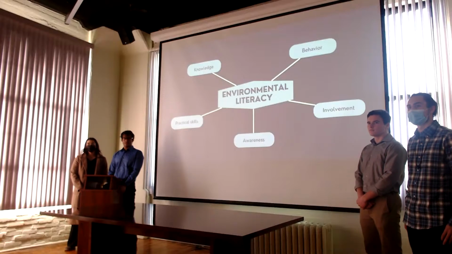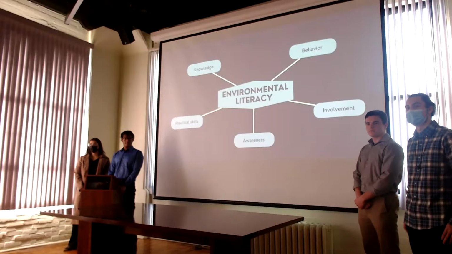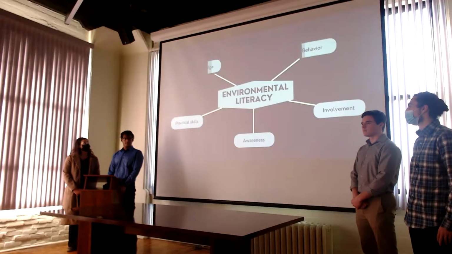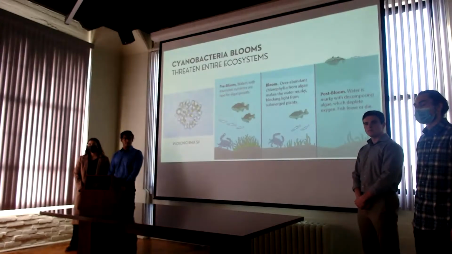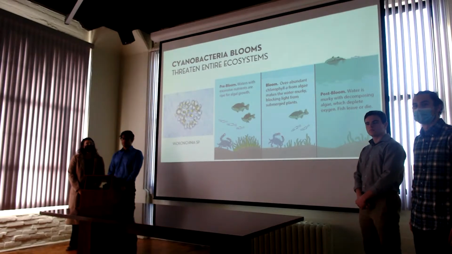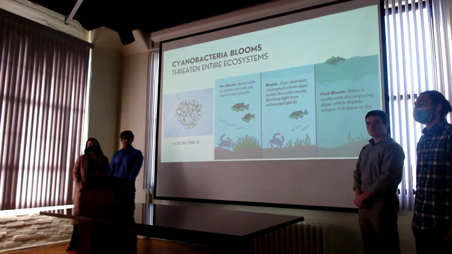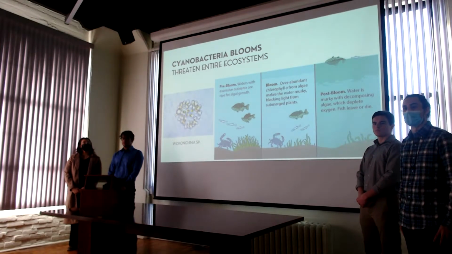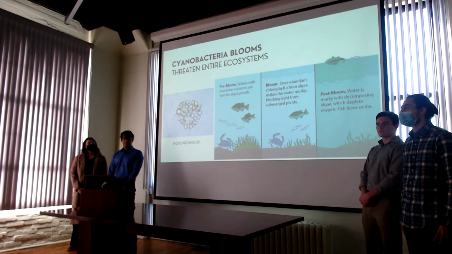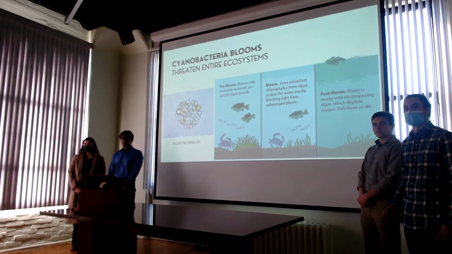And that leads to our secondary goal for the modules, which is to raise awareness about cyanobacteria and understanding it. Cyanobacteria by itself is a perfectly normal part of the ecosystem, but during a cyanobacteria bloom, the population of cyanobacteria will grow exponentially, so much so that it will start to block sunlight from reaching the bottom of the water.